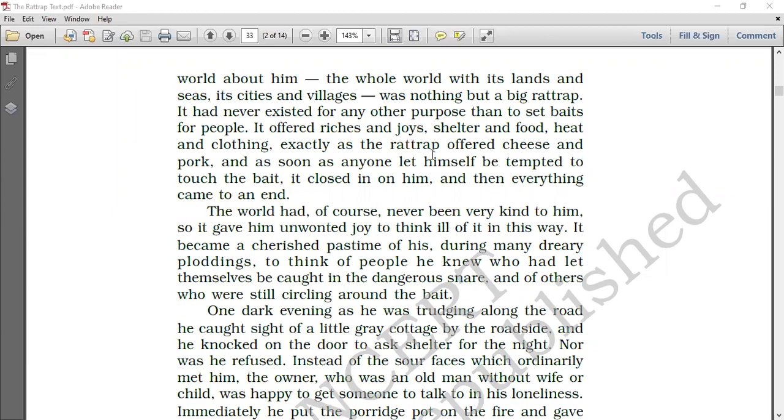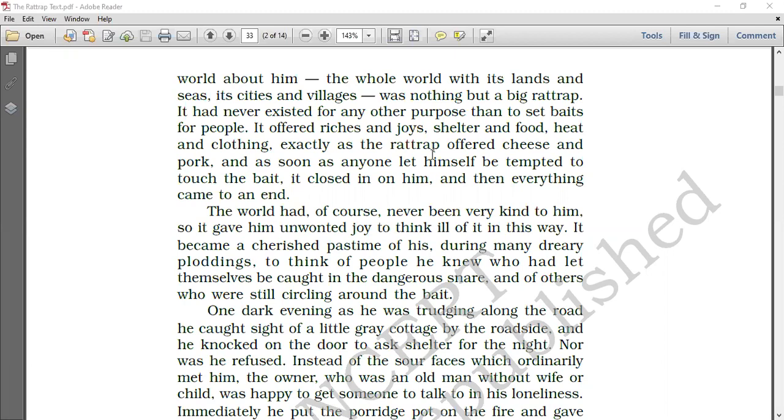But one day, this man had fallen into a line of thought which really seemed to him entertaining. He had naturally been thinking of his rattraps when suddenly he was struck by the idea that the whole world about him, the whole world with its lands and seas, its cities and villages, was nothing but a big rattrap. It had never existed for any other purpose than to set baits for people.